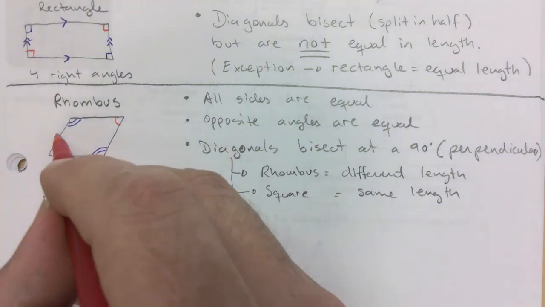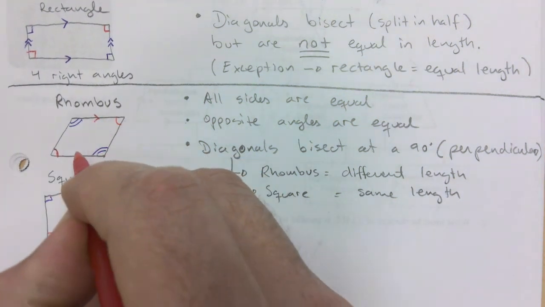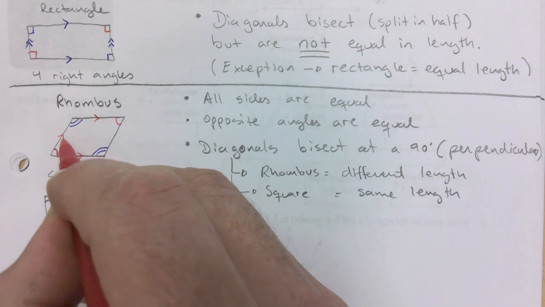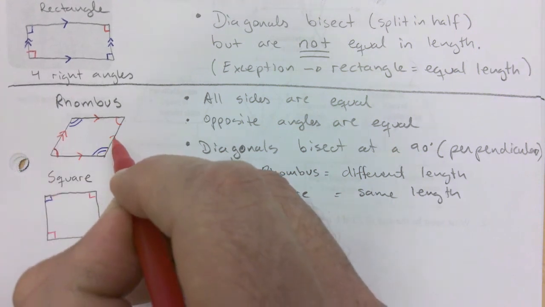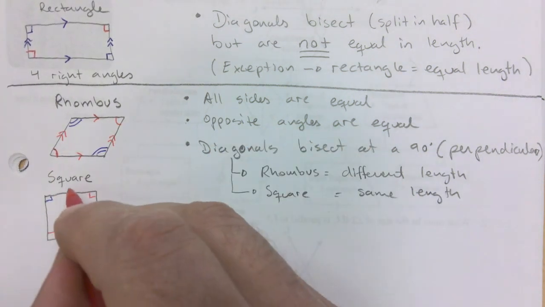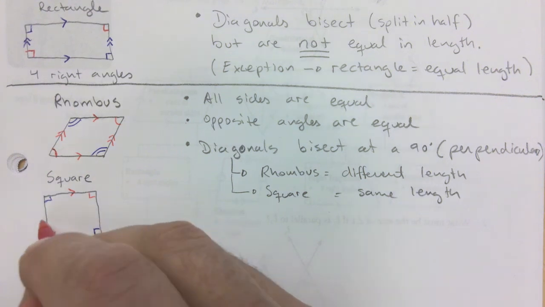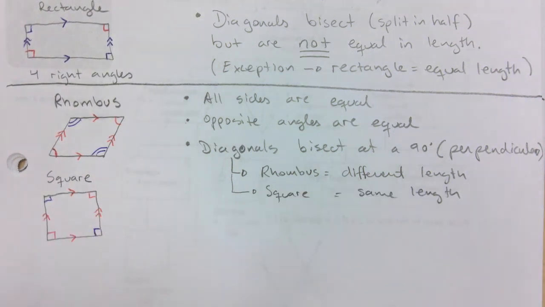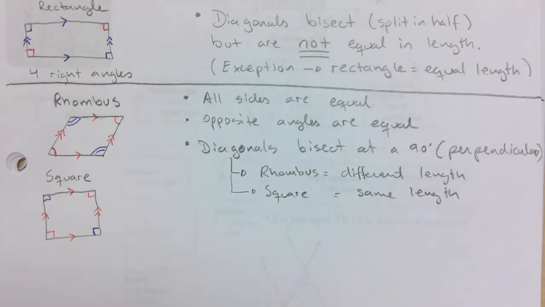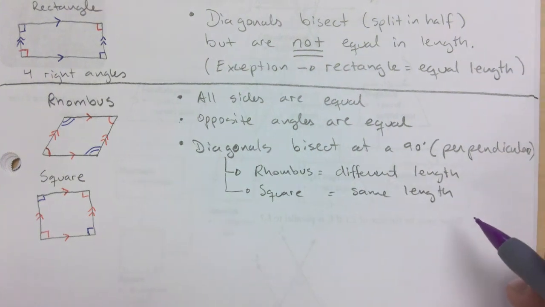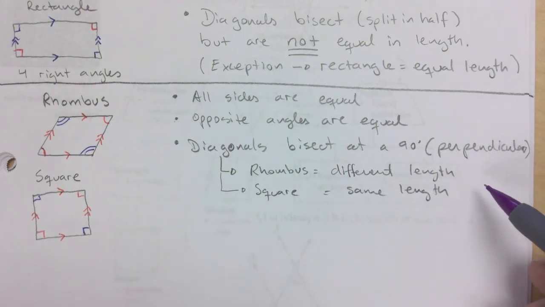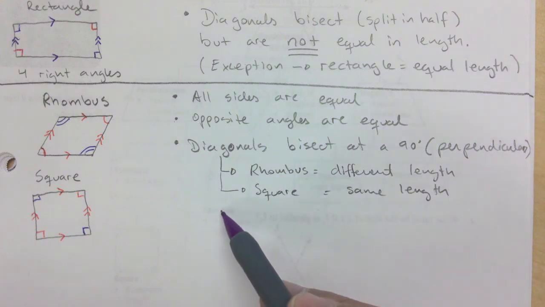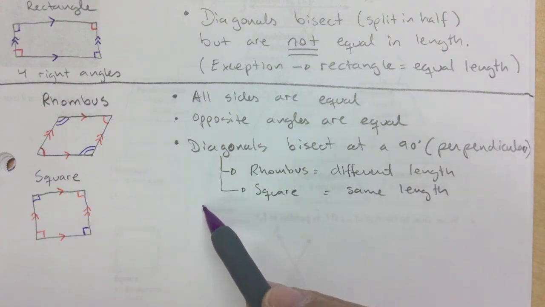We can make the markings that this line is parallel to that one, and this line is parallel to that one. This goes for diagonals here.